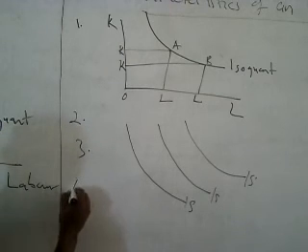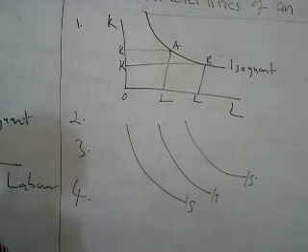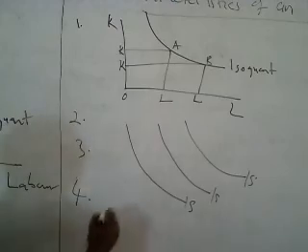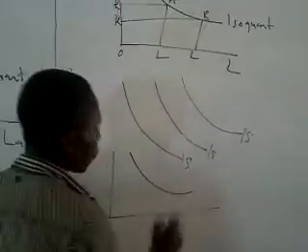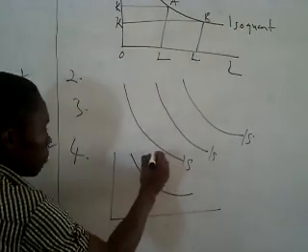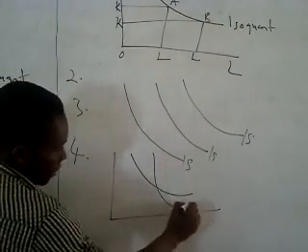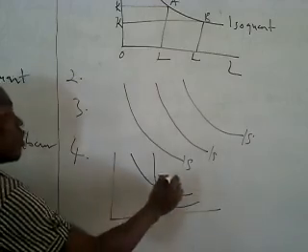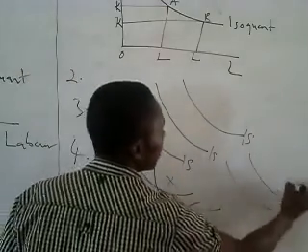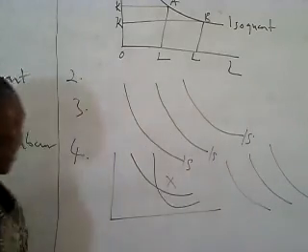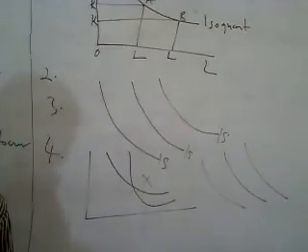The next characteristic of isoquants is that isoquants do not intersect. What this simply means is that if this is the first isoquant curve, there shouldn't be another isoquant curve that intersects it. It is wrong. It means isoquants do not meet. We can have several isoquants, but they shouldn't intersect.